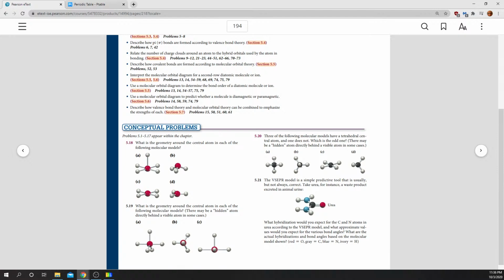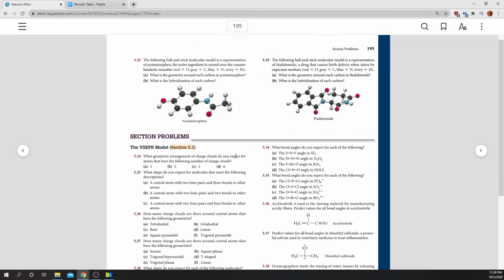It's hard to tell, but there is a carbon atom hidden directly behind the hydrogen atom there. You can see a black ring around that white sphere. This one is not tetrahedral. That's just a flat square. This one has a tetrahedral central atom, even though there is a lone pair on that guy. So it's a trigonal pyramidal structure, but there is a lone pair. Okay.